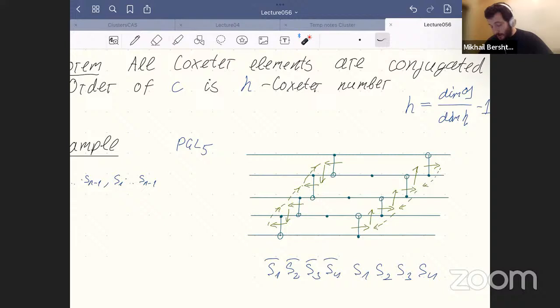So first we get this edge, so we draw such a triangle.